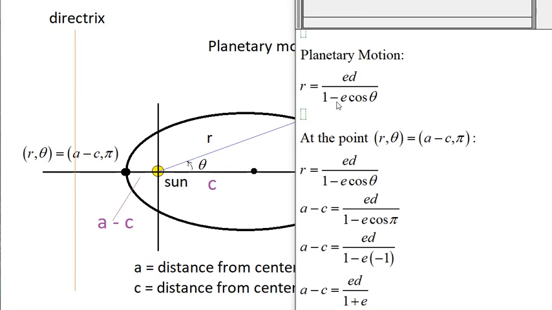So this is our equation, r equal to ed divided by 1 minus e cosine theta. At this point, which is a point on the ellipse, r is A minus C, theta is pi.